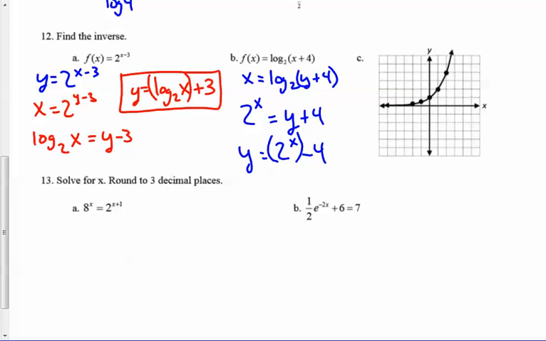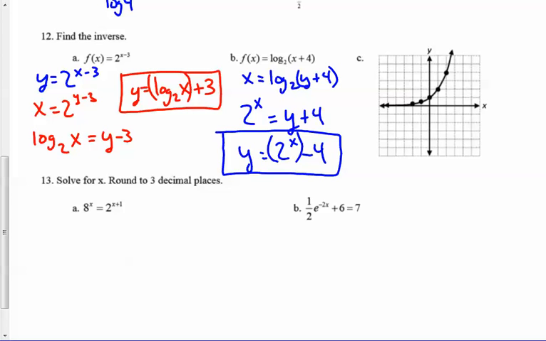But generally speaking, that is how you rewrite and find the inverse. You have to switch x and y, and you have to rewrite it. Some of you were only doing switching x and y, some of you were only rewriting, but you need to do both things. Switch x and y, and then rewrite.